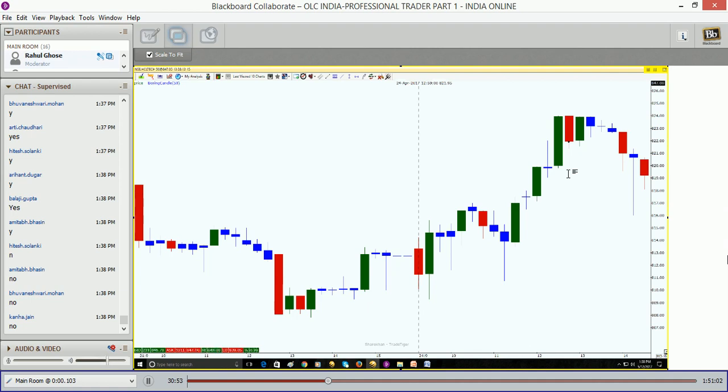Can I cut through candles? Absolutely not. Hence, I cannot mark a demand zone over here.